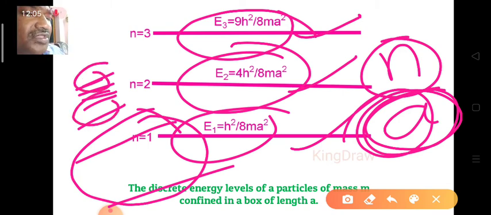So when the boundary is increased enormously, the rules change from quantum mechanics to classical mechanics. The rules to be applied on the particle depend on the boundaries in which that particle is moving.